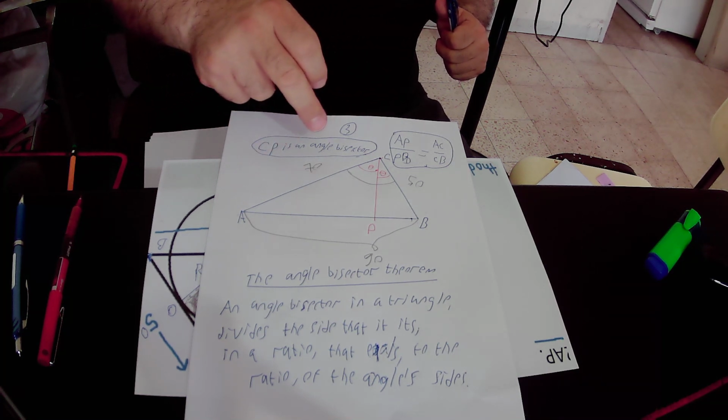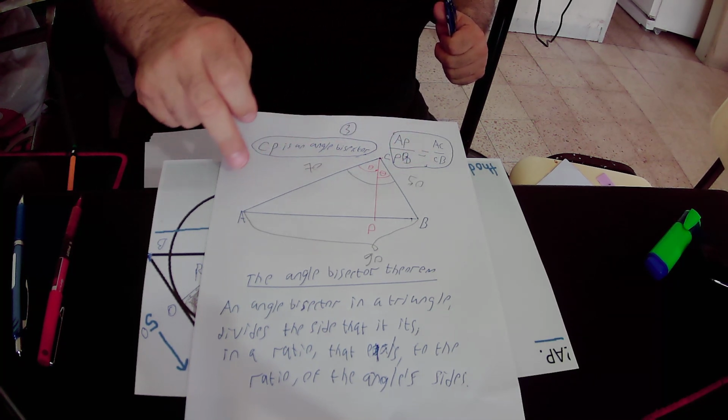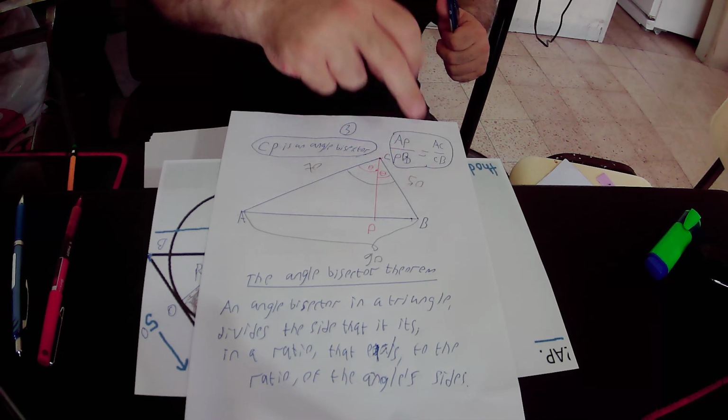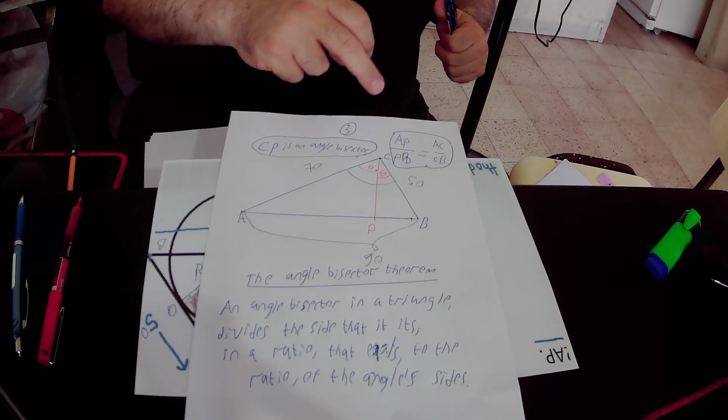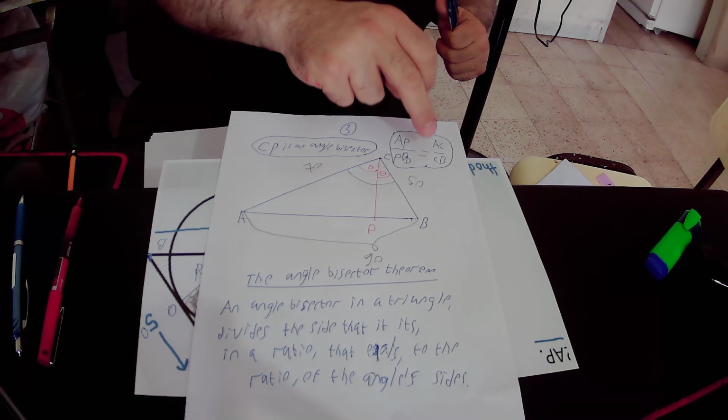We relate to angle ACB, and the ratio between the angle sides is AC over CB. So the ratio of AP over PB equals the ratio of AC over CB.